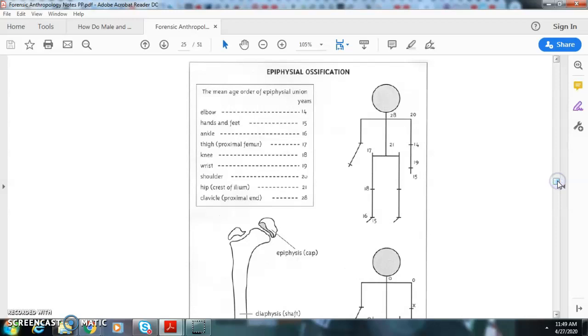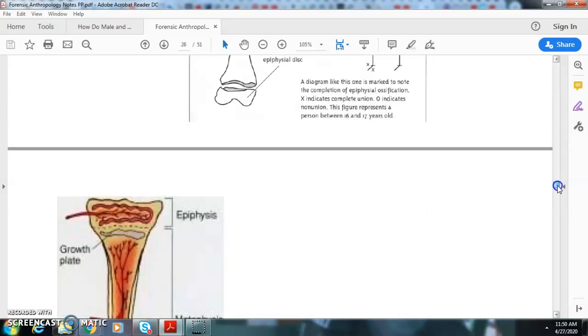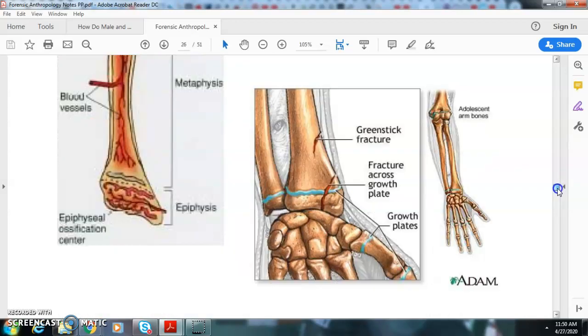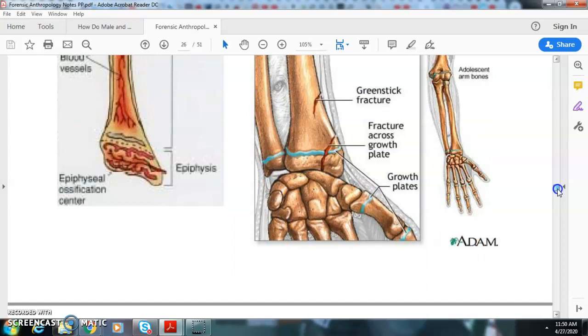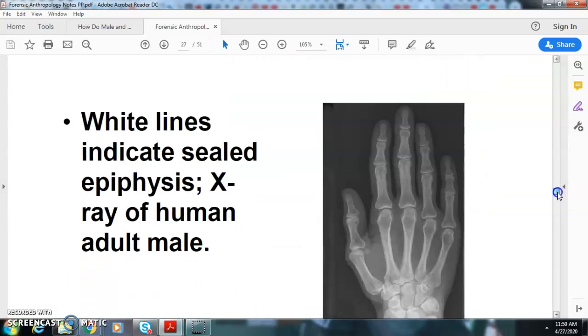So here you've got a picture where you see some of this fusion going on, or growth going on, I should say. And that area where you have the growth is called a growth plate.